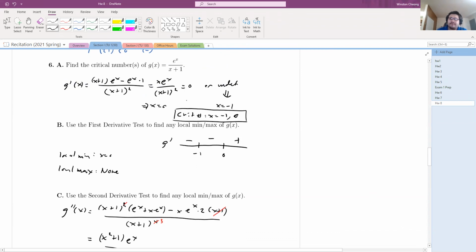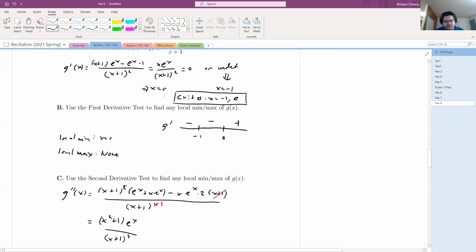So the only value we can plug in is the 0. It's not the -1. The -1 is excluded from our consideration, and it's just that x equals 0 could be a local min or a local max, and the second derivative test will tell you which. Or it could also be inconclusive. That's when the second derivative evaluates to 0. But usually you won't see that, I would say.